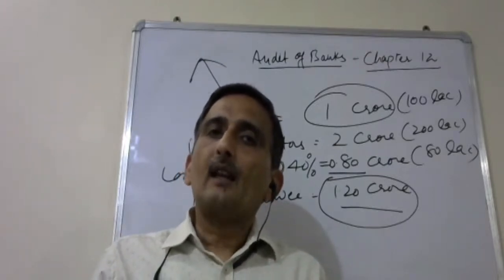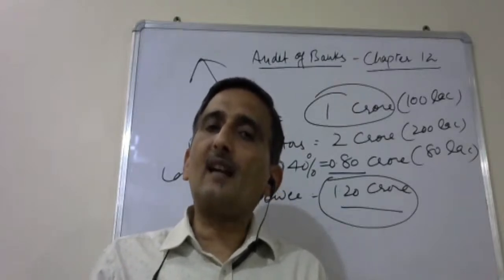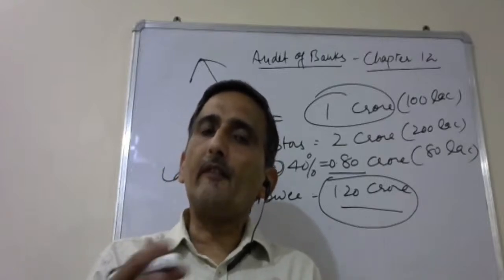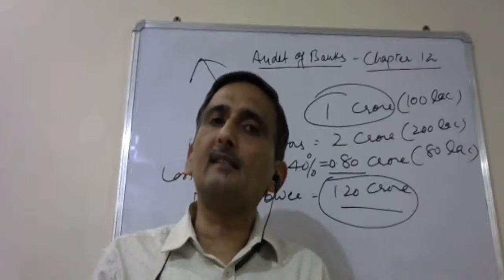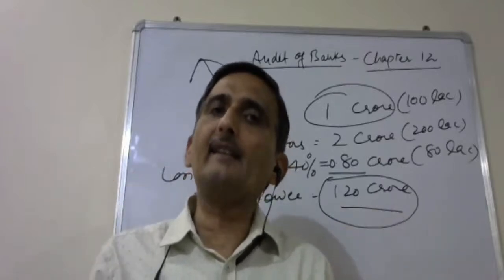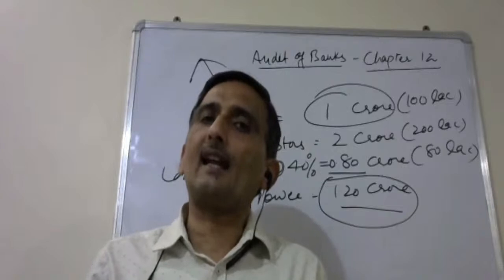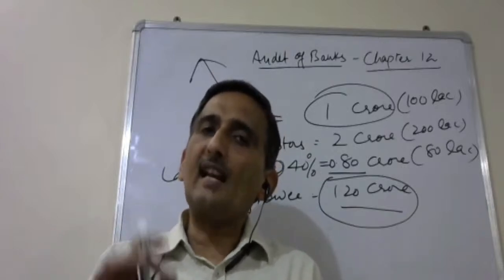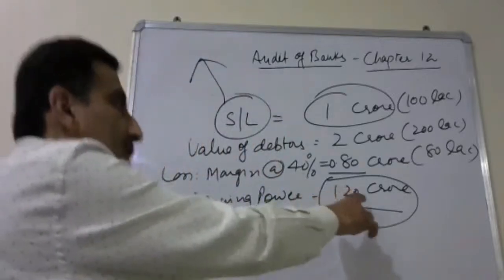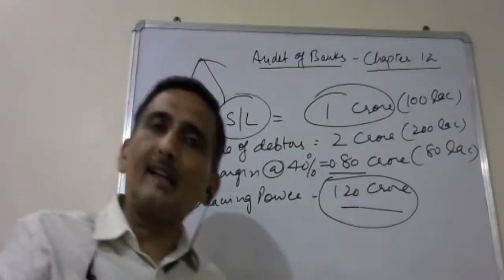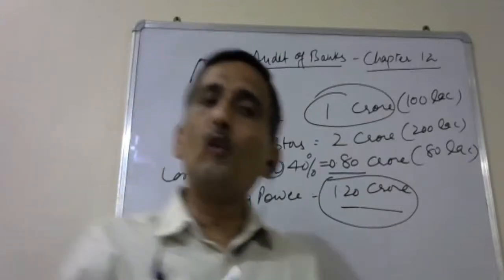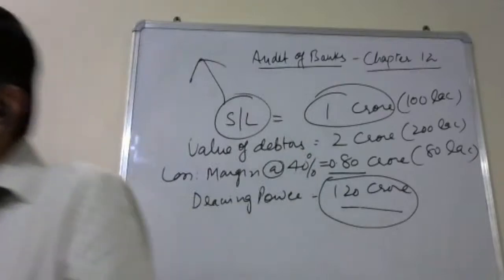If his drawing power comes beyond the sanction limit, he cannot lay claim on the funds beyond it. Arre bhaiya, it was not sanctioned, it was not in the sanction letter, so how can he withdraw it? So statement 2 is incorrect. Drawing power is calculated correctly in the statement as 1.20, but it does not mean the party is entitled to withdraw that money.